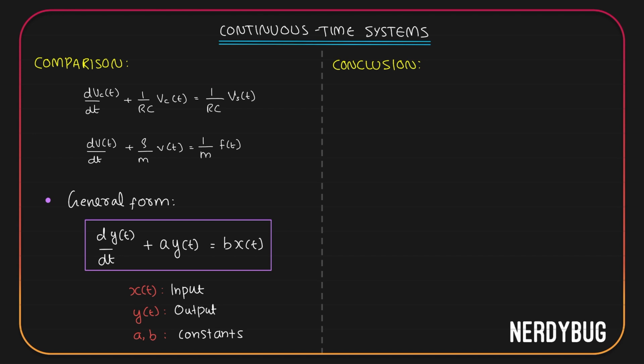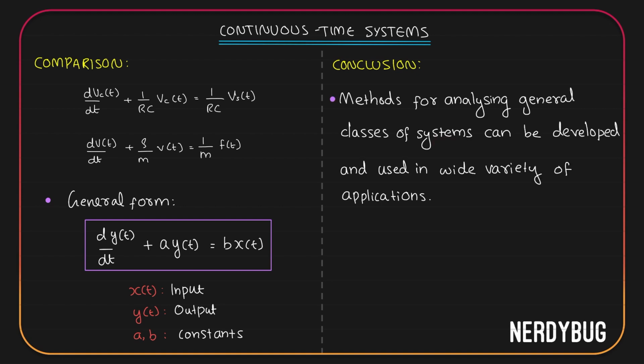Now what I am thinking is that I took two very random situations. One was an RC circuit, the other one was a raindrop falling down, but finally I got very similar equations. So that must mean there has to be a group of situations where I'll be able to describe them using the same equation. So the conclusion I'd like to make here is this.